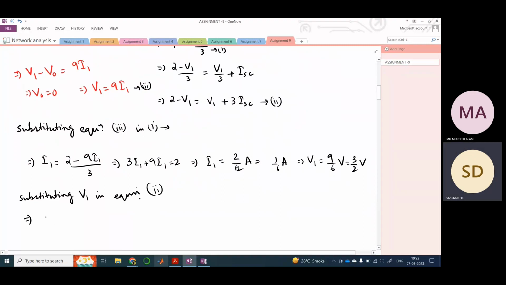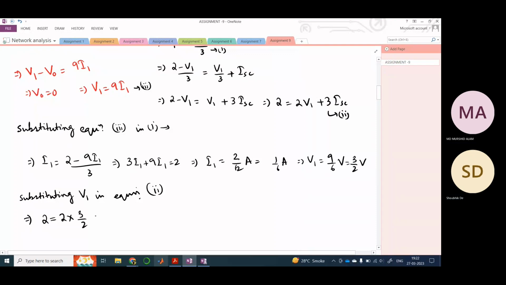If I simplify this further, 2 equals 2V1 plus 3 ISC, right? This is our equation number 2. Therefore, this would be 2 into 3 by 2 plus 3 ISC, so this gets cancelled. Therefore, ISC is 1 by 3 ampere.